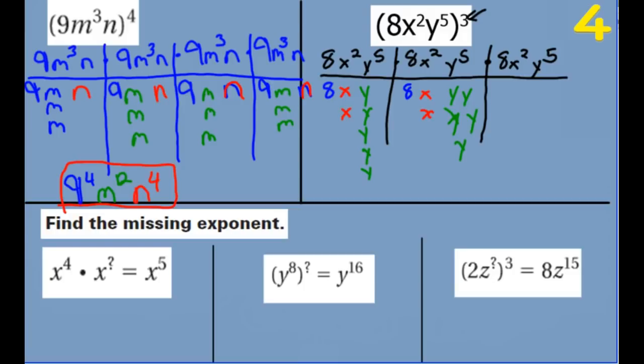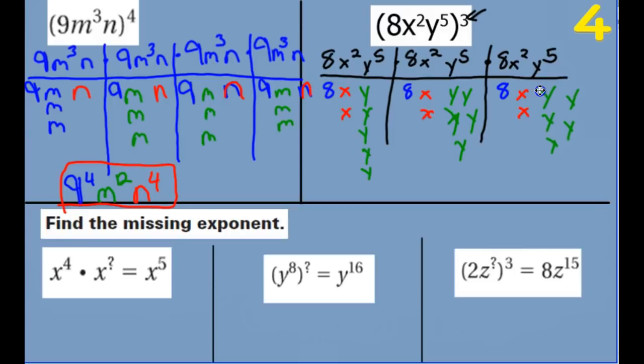And our last one, we have 1 8, 2 x's, and 5 y's. So now all we gotta do is count them out.